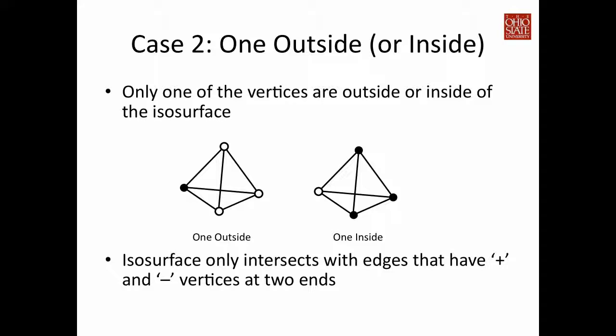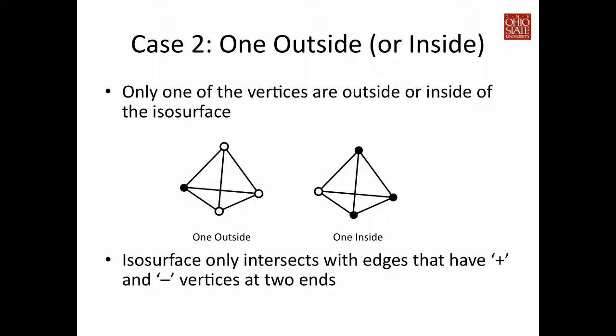And in the case on the right, we have one vertex whose value is lower than the isocontour value, and the other three vertices have value greater than the isocontour value. And remember our inside-outside convention. So here we say in the case on the left, one vertex is outside, three vertices are inside. And in the case on the right, one vertex is inside the isosurface and three vertices are outside the isosurface.